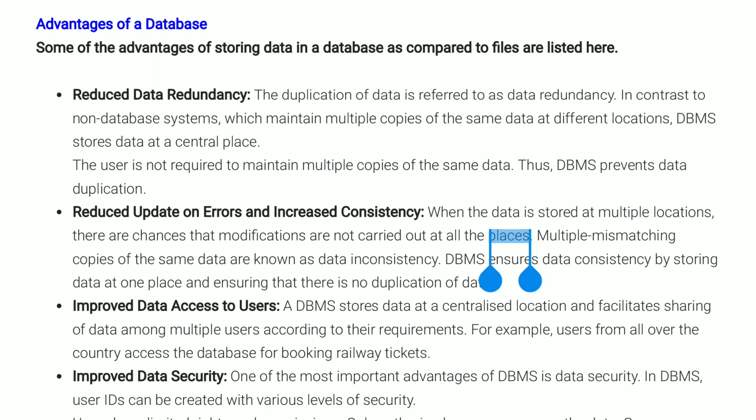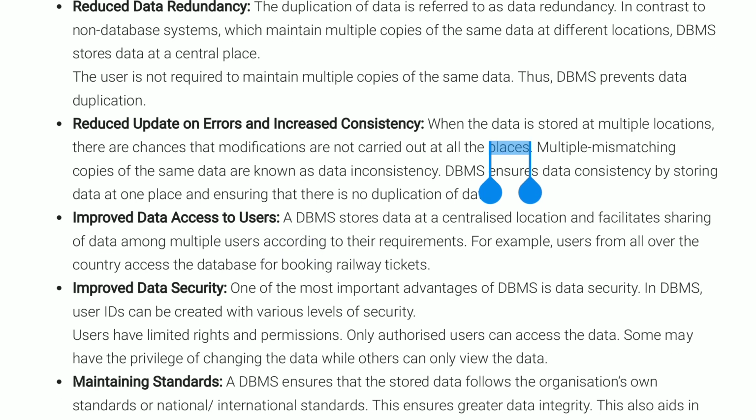Some of the advantages of storing data in a database, as compared to file, are, as you can see on the screen: reduced data redundancy, reduced update errors and increased consistency, improved data access to users, improved data security, and maintaining standards. I am discussing all these advantages one by one in detail.